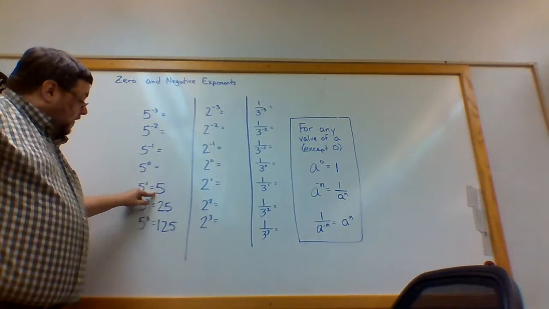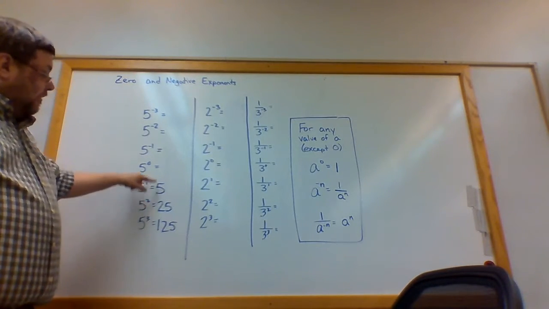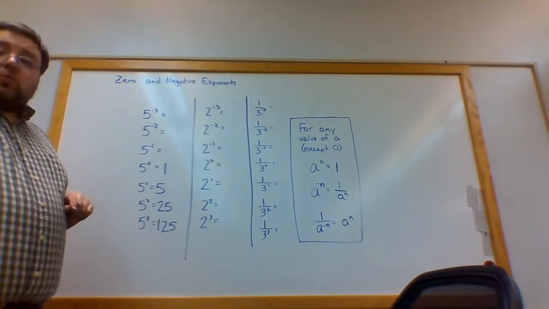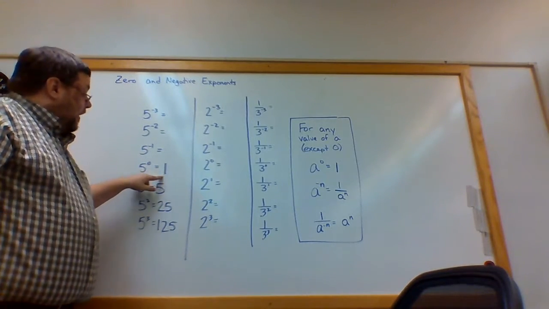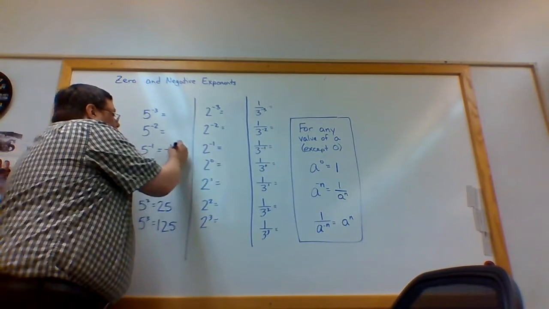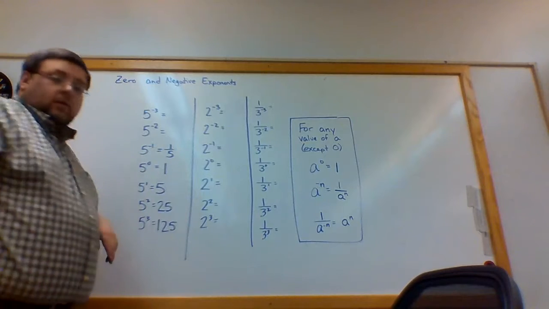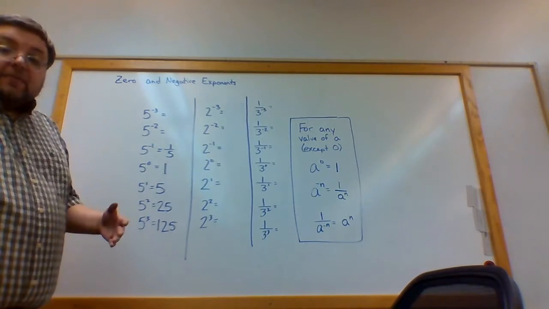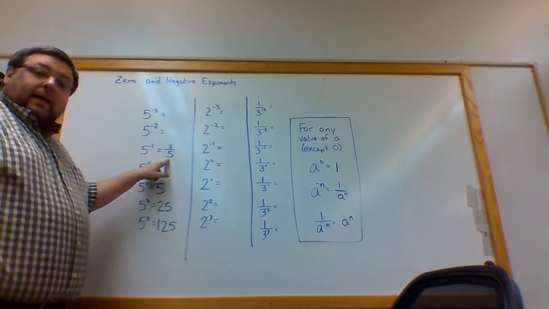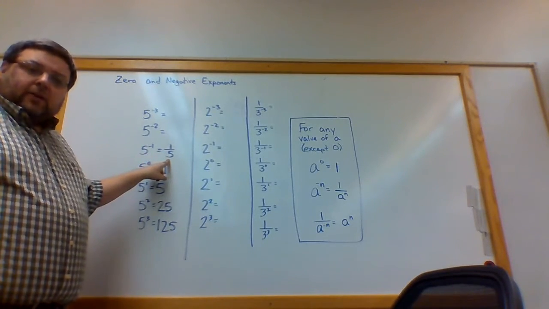So if I take this 5 and divide it by 5, that would be 1. So 5 to the 0 power is 1. Then I divide it by 5 again. So 1 divided by 5 is 1/5. Then I divide that by another 5. When I divide by another 5, that effectively just adds another 5 into the denominator.